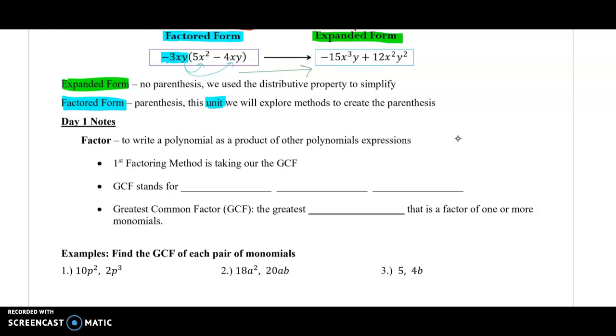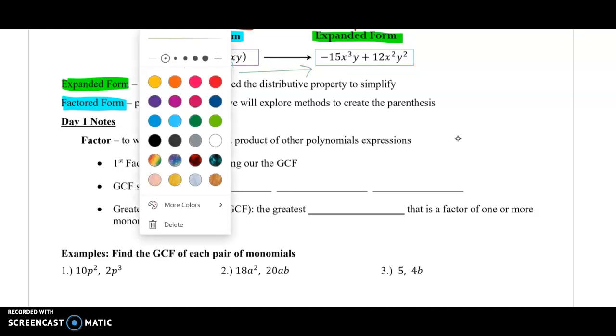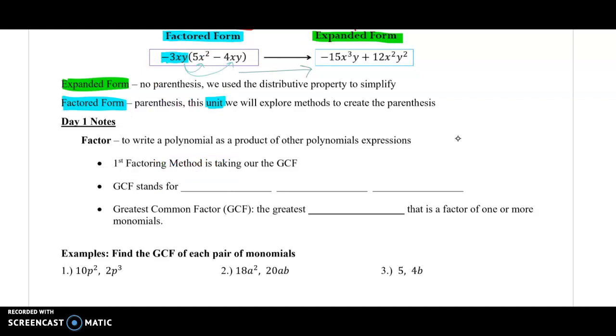Now that should be a phrase we're used to hearing, right? In case we don't remember, GCF stands for the greatest common factor. The GCF is the greatest term.